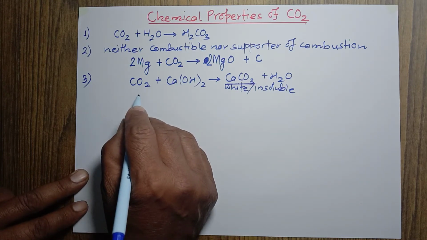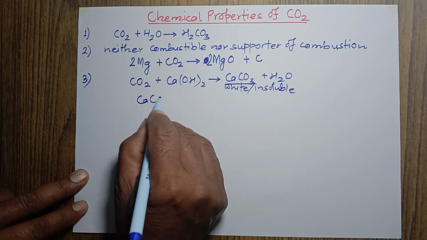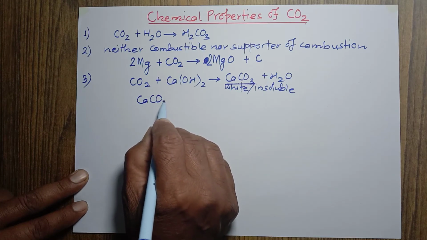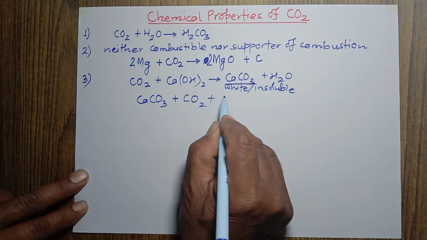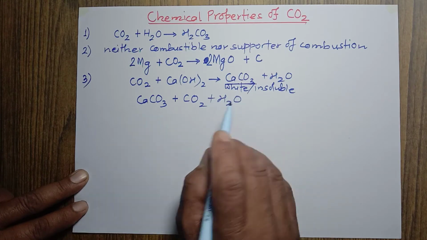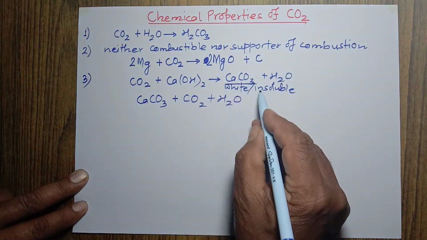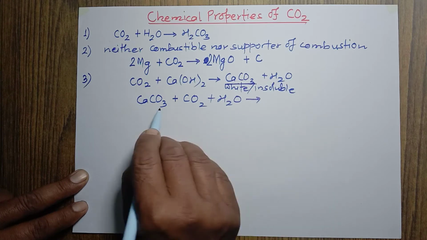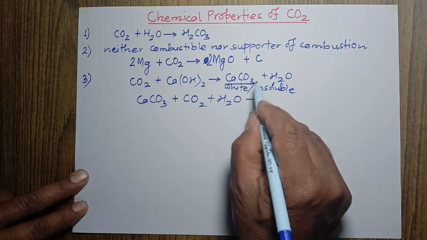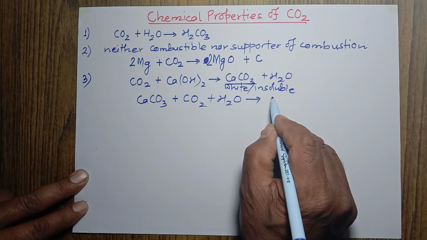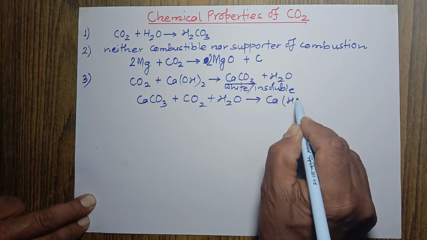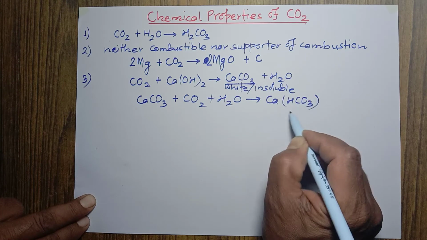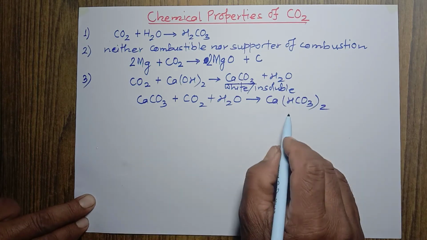The calcium carbonate formed in this lime water, when more carbon dioxide gas is passed and there is water also, converts from insoluble calcium carbonate to soluble calcium bicarbonate, Ca(HCO3)2, calcium valency 2, that's why I'm writing this.